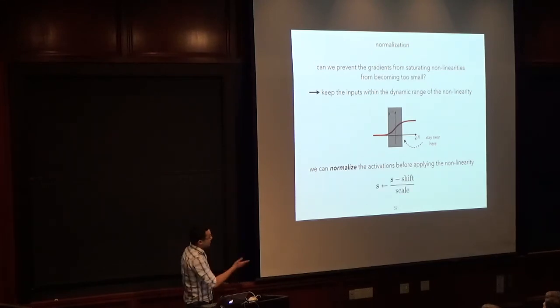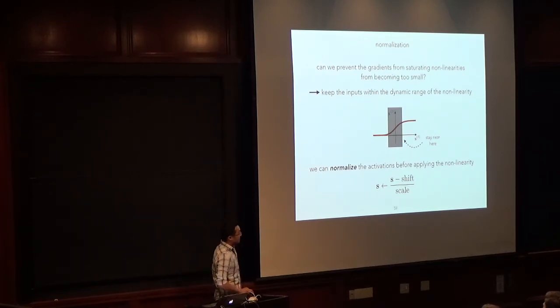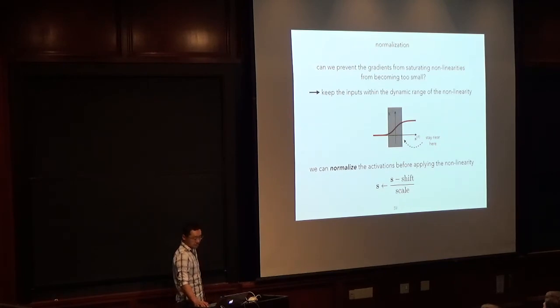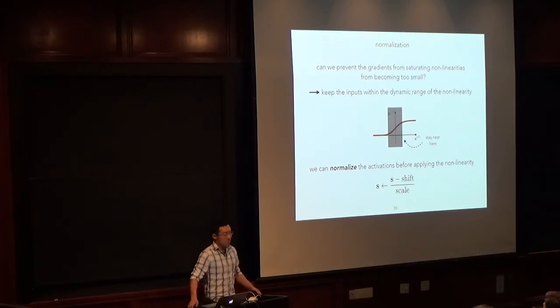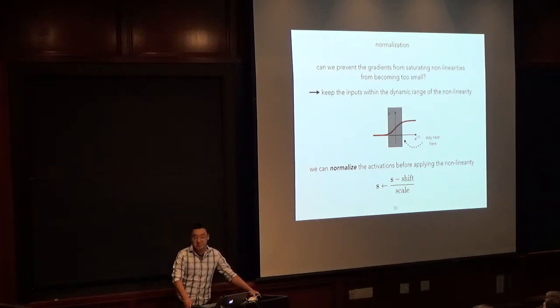Something looks like this, right? Normalizing is typically something like a shift and scale, also known as whitening. So if you insist on using something like a logistic function for your nonlinearity, you can do something like this.